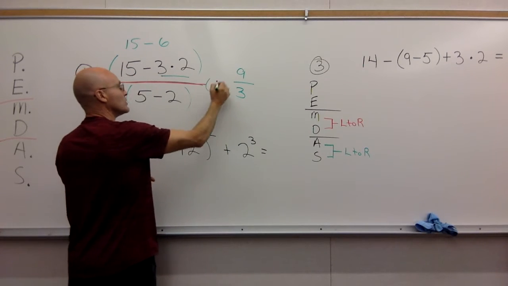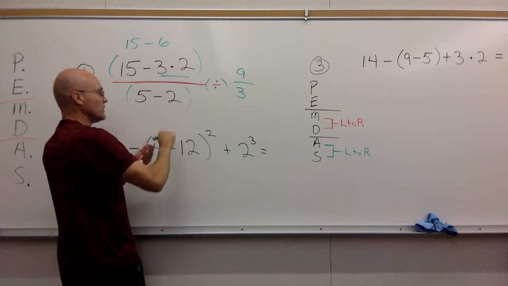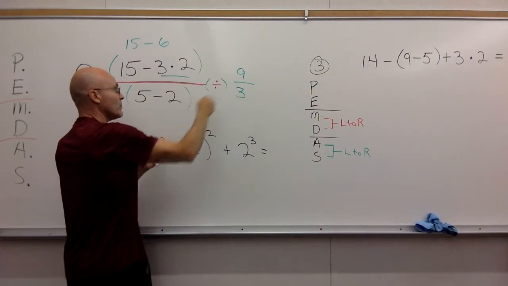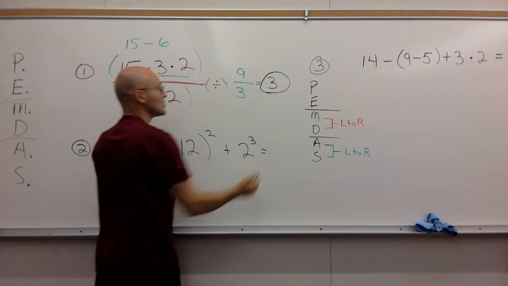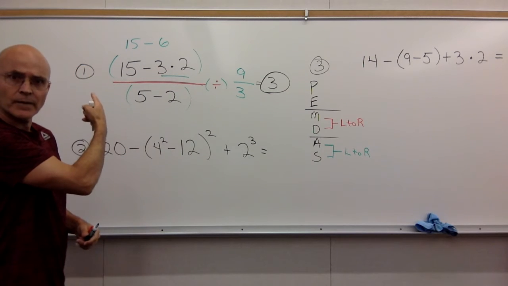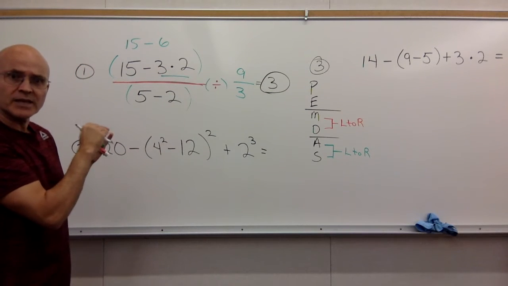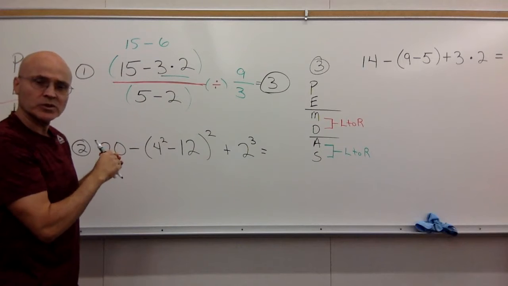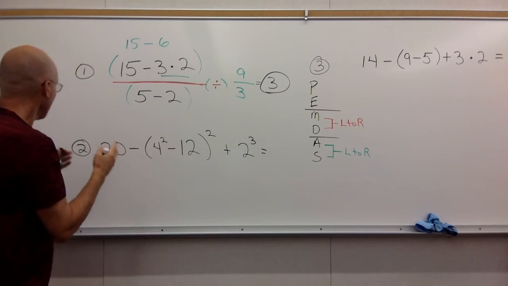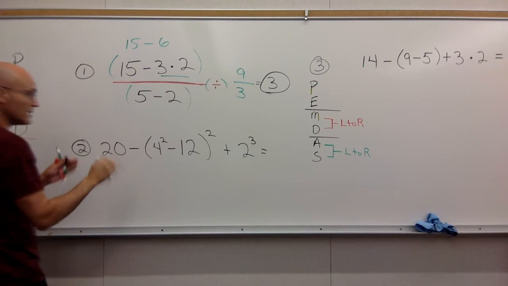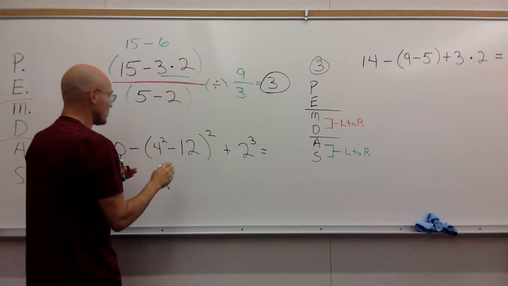Now the last thing you want to do is this fraction bar, which is called division. And 9 divided by 3 gives you the final answer of 3. So I hope this problem will help you handle any fractions you come across when you're doing order of operations. Number two, I wanted to spend some time on exponents.